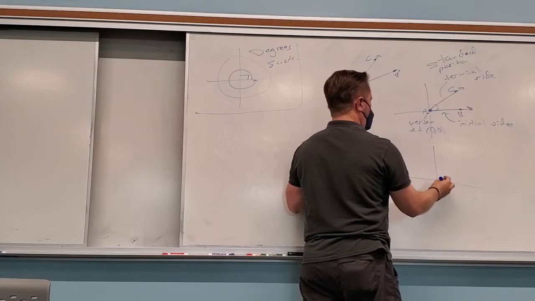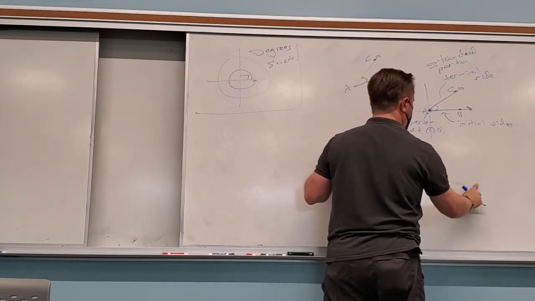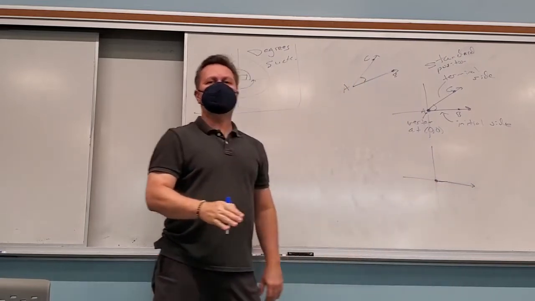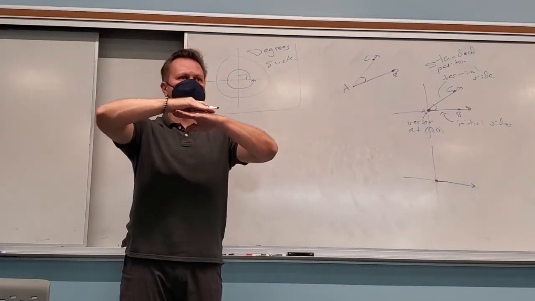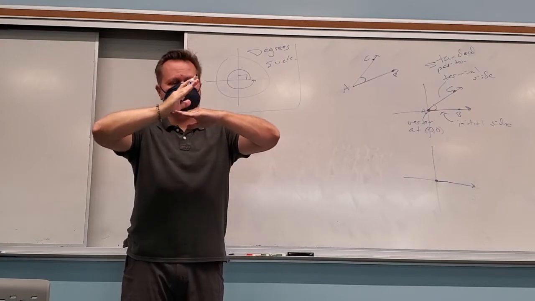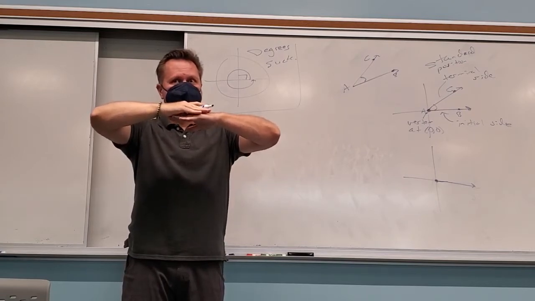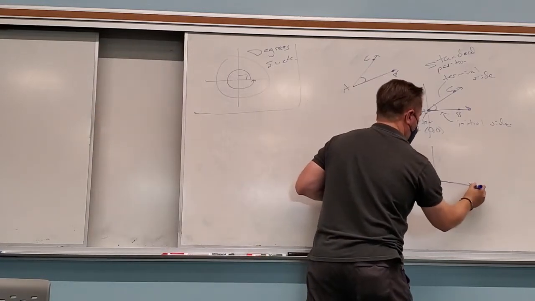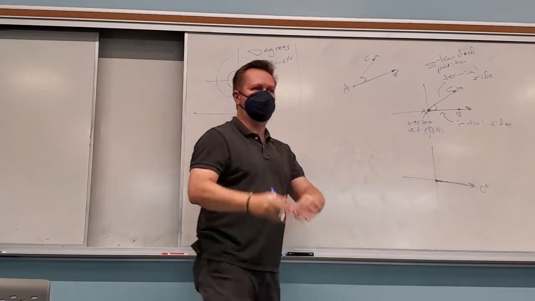And then here's the initial side. And then if it's 0 degrees, how far away do I put the terminal side? It goes 0 degrees. It's just going to be on top of this one. So this would be a 0-degree angle, one that doesn't open.